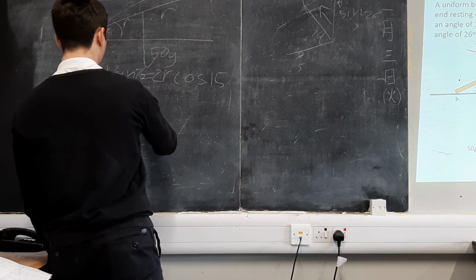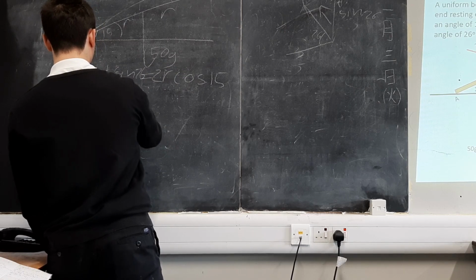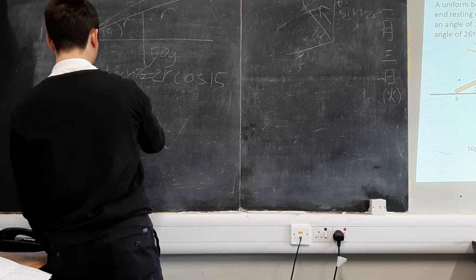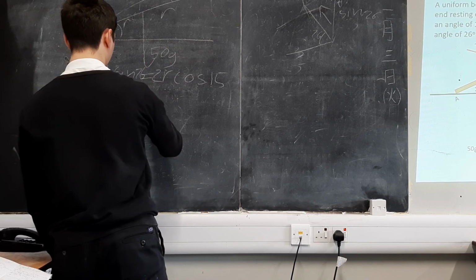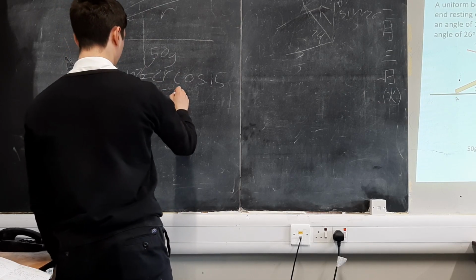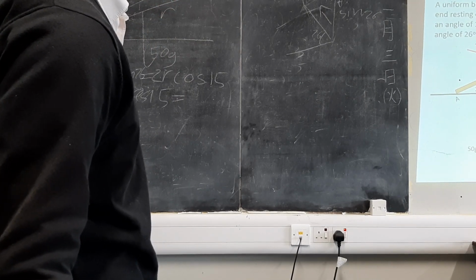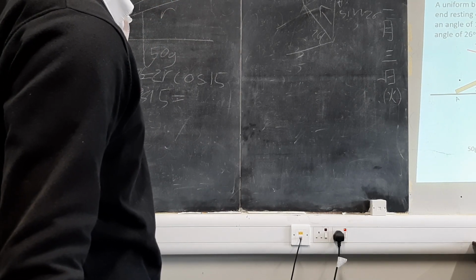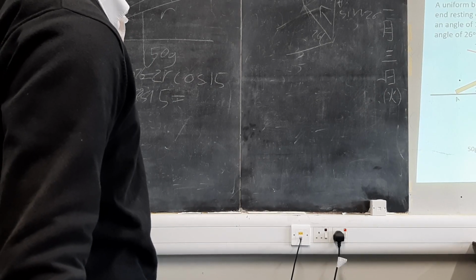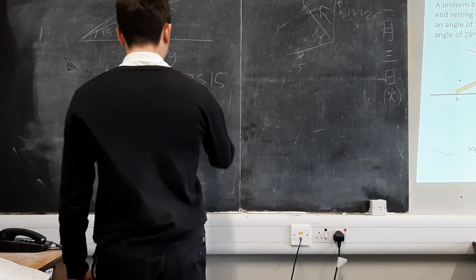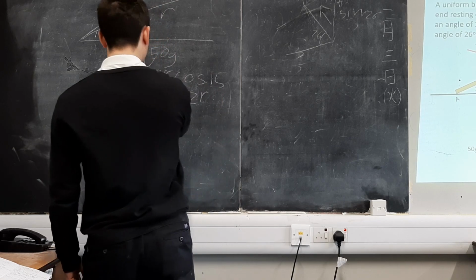Oh, I understand. 100 GR cos 15 equals T times two. Oh, okay, so the distance 2R, that's why.